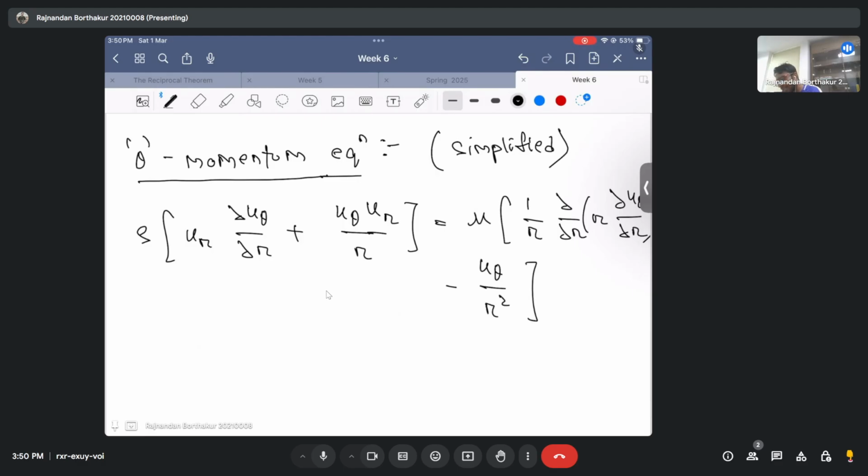We will not have the pressure gradient term, because it would just be del p by del theta, which goes to 0 because my problem is axisymmetric. I hope you can understand that.